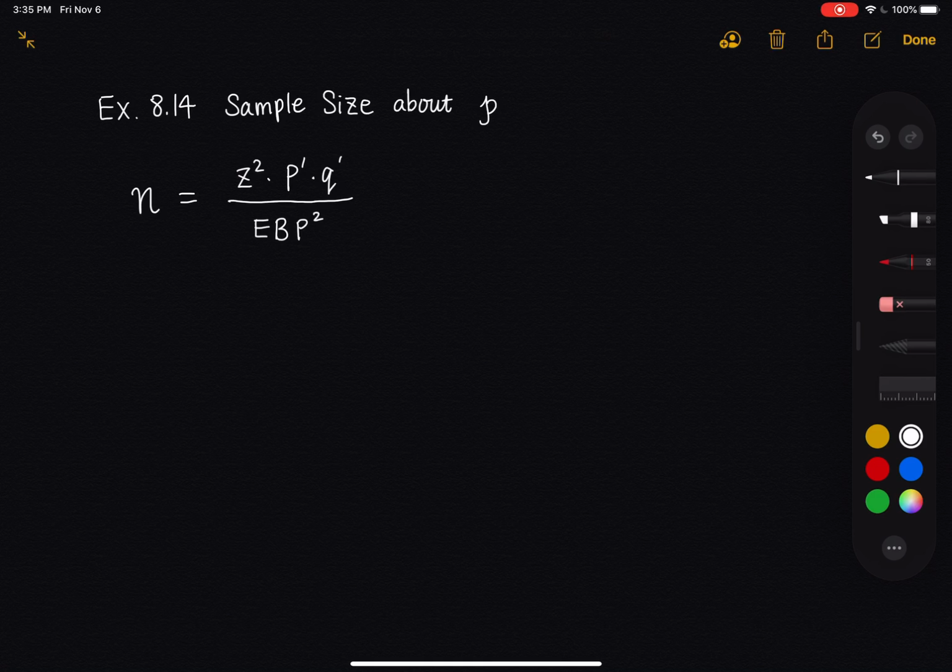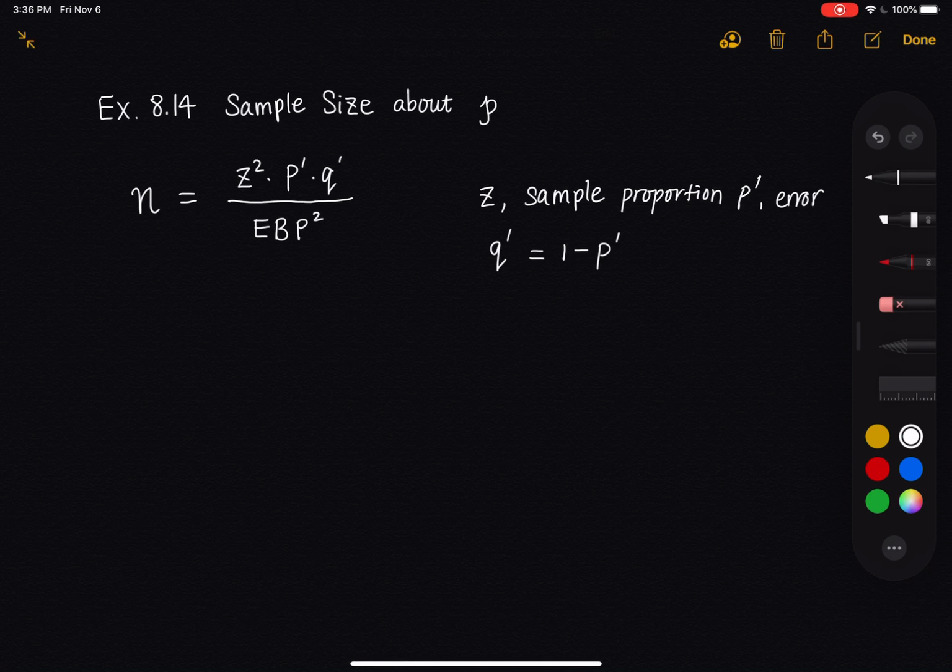So you need to find a z-score, you need to know the sample proportion p prime, and the error tolerance that you're willing to take. Now q or q prime is always 1 minus p or p prime, so p and q should add up to 1. So this is a general formula.